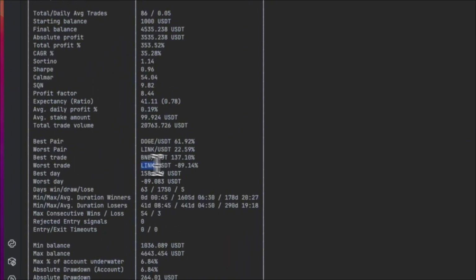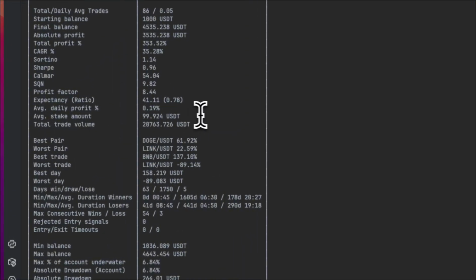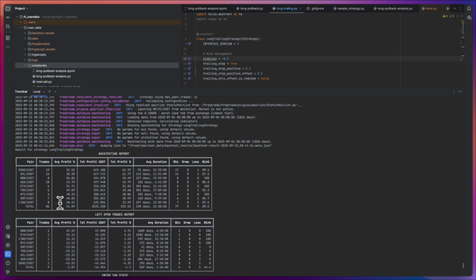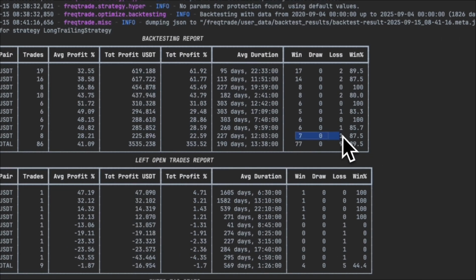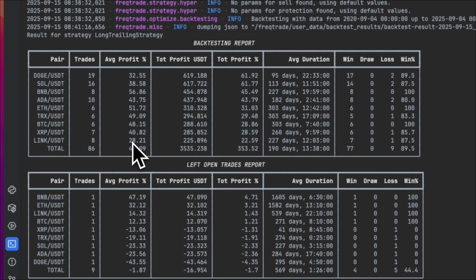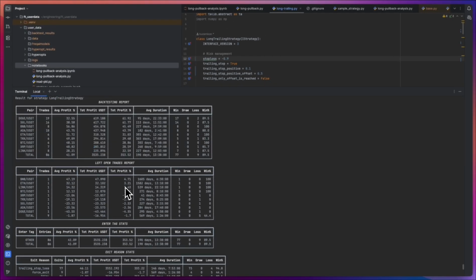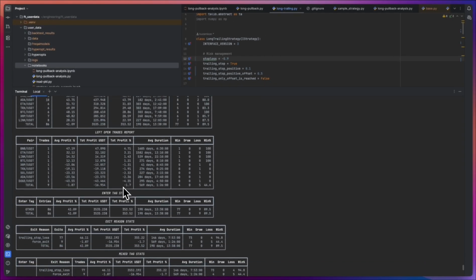The worst was Link. The best was Doge. So what we can see is that I think Link is inflated a lot, that's why we have so many losses. Well, actually, no, you can see that we had 8 trades with Link, 1 was a loss and 7 were wins, and we still were profitable, so we didn't lose any money. So I mean, it's really simple and really good.